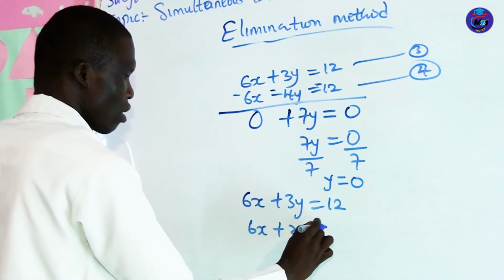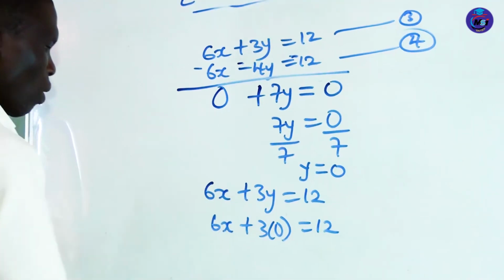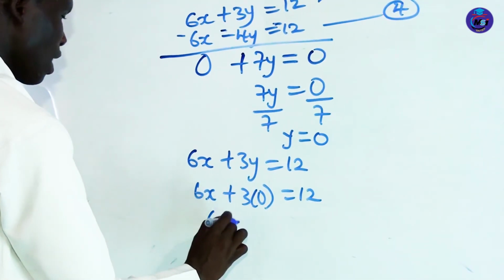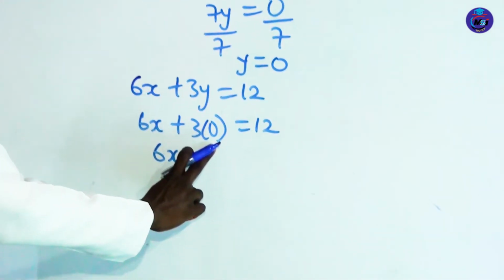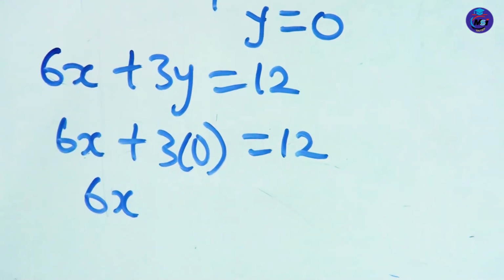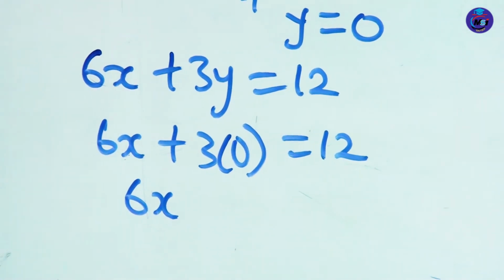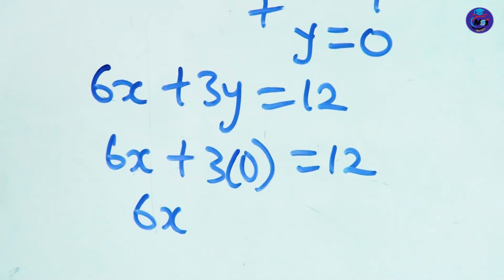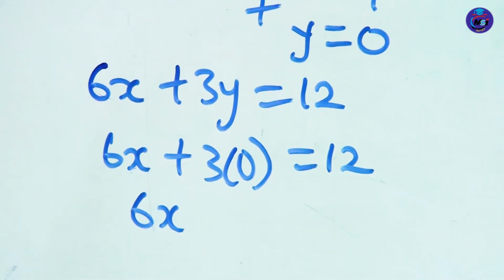Is 0, equals to 12. Okay, 6x, 3 times 0 will give us what? Is 0. Why? Because any number you multiply by 0 will give you what? Is 0. If you say 10 million multiplied by 0 will give you what?